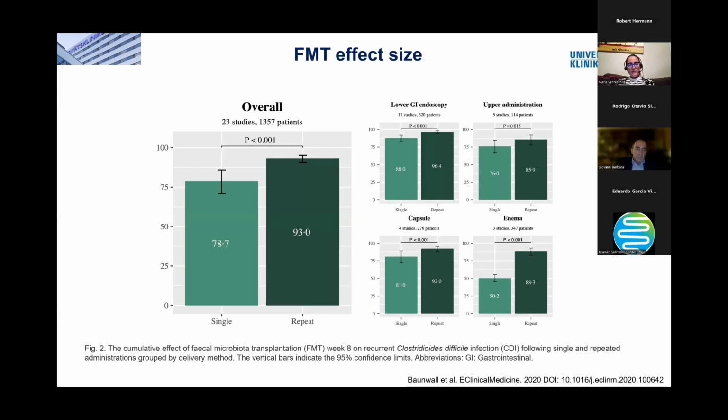And you can see that the response rates that were reported from the first randomized controlled trial still hold true for most of the other studies. So after a first treatment, you usually have about 80% response in most of the approaches. And if you treat multiple times, then your response rate goes up to up to 90%.